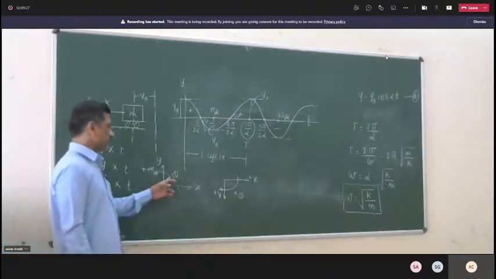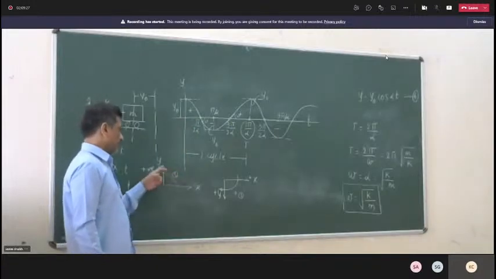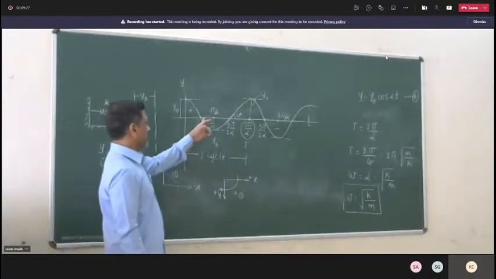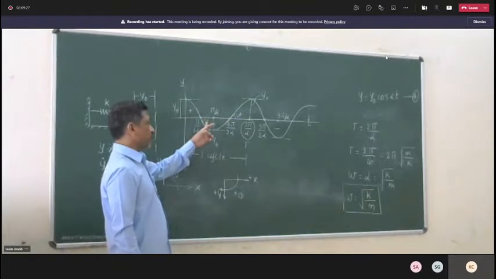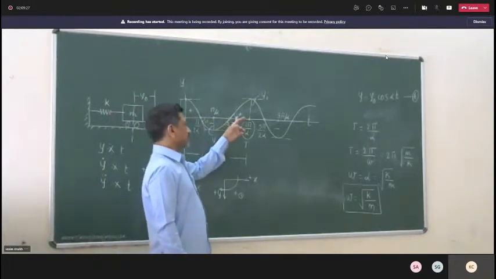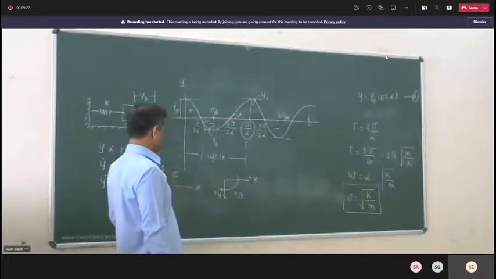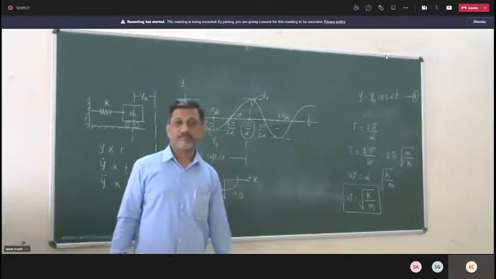Well, in this case, positive direction is anti-clockwise. This is clockwise slope, so it is negative velocity. This is positive slope, anti-clockwise, and so on. You can check.